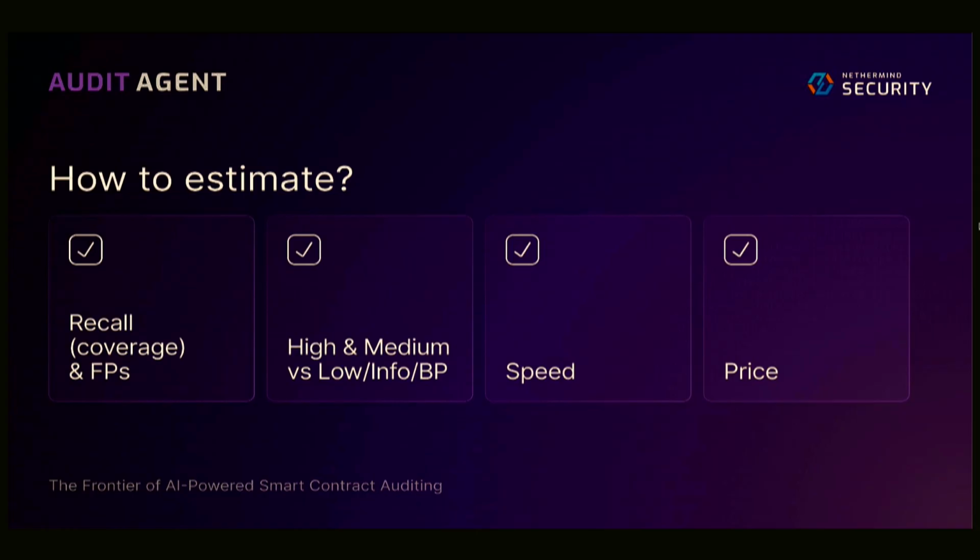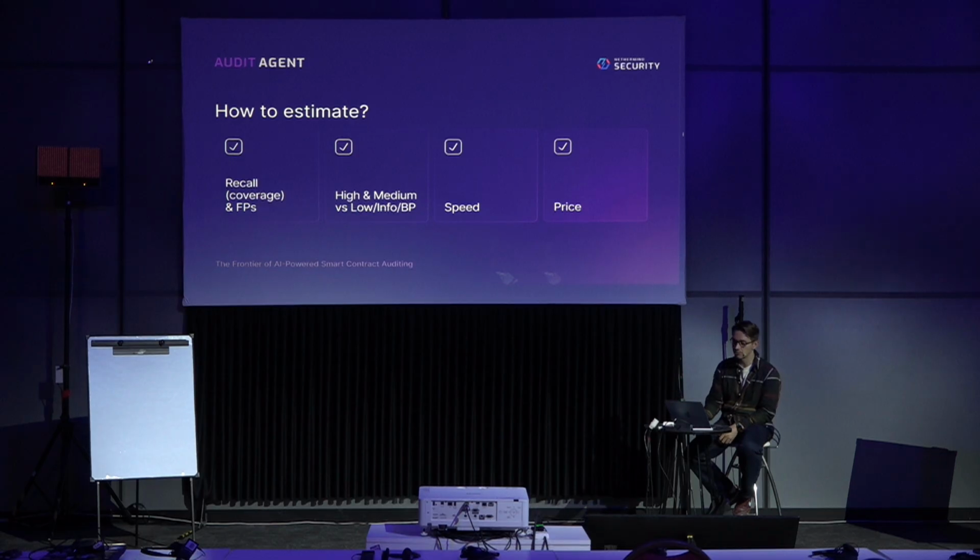The other parameter is false positives, and there are no tools that have zero false positives. We also know that missing a medium or high issue is much more important than missing a low, info, or best practices issue. Speed and price are also important parameters that we try to optimize.